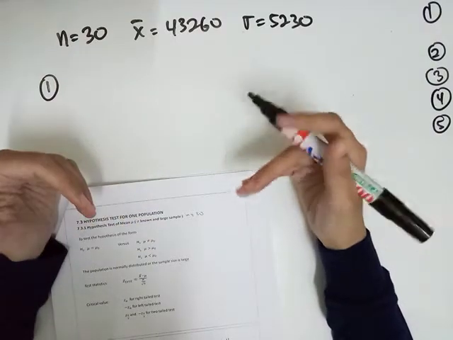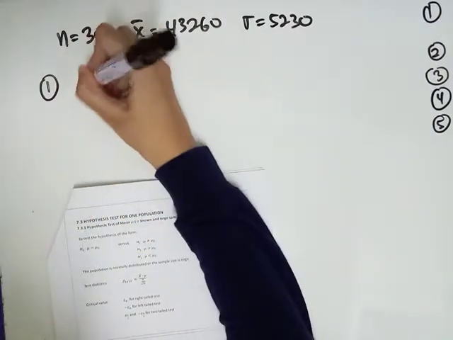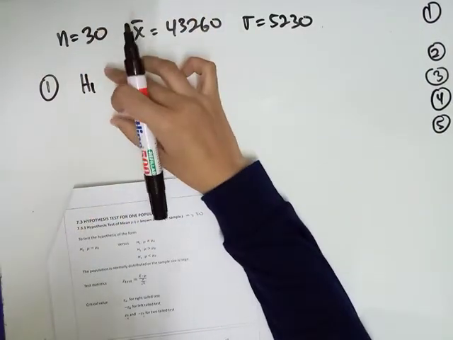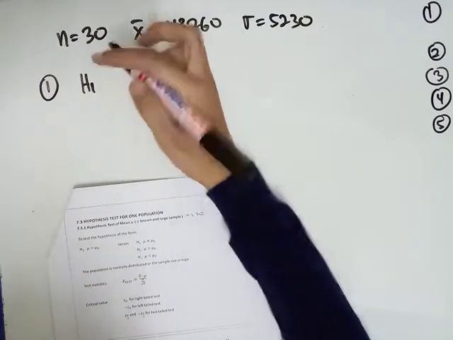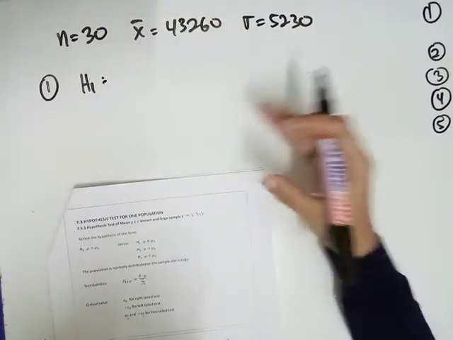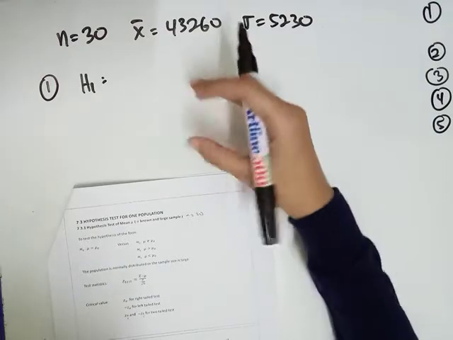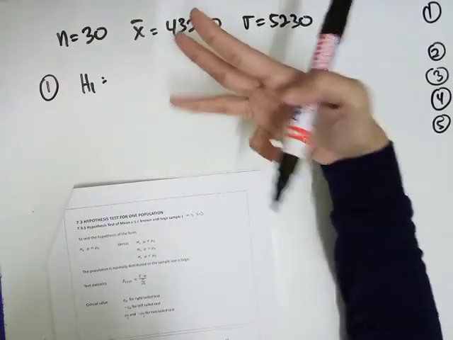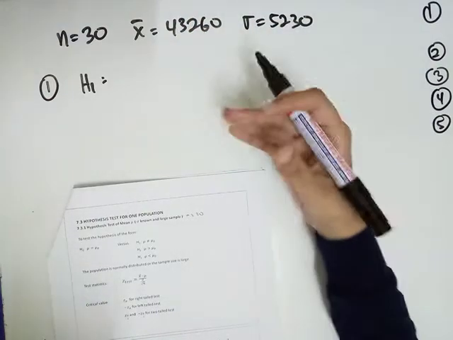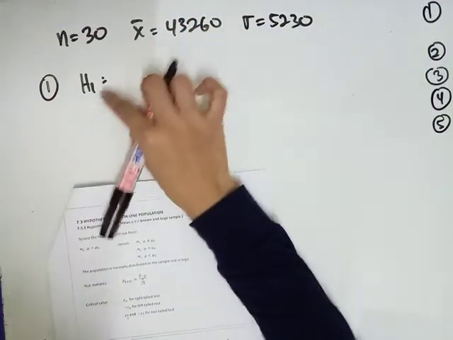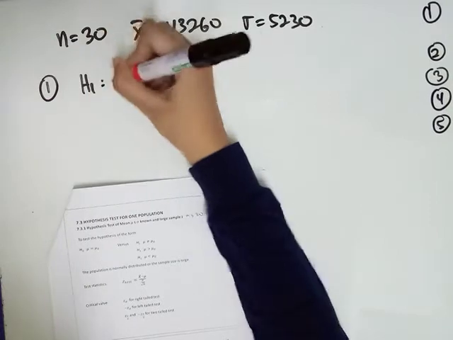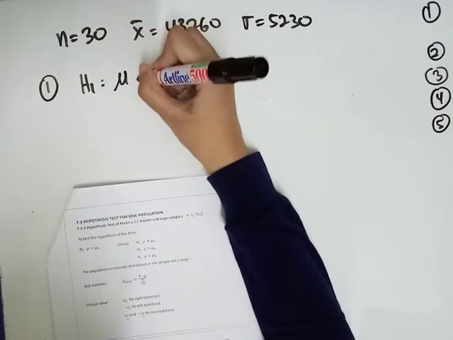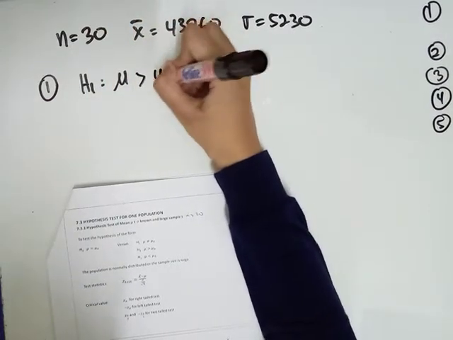That means we need to test H1, the claim H1, because more than is included in H1. H1 has 3 parts: not equal, more than and less than. So when it gives the hint more than 42,000, we need to test H1 where the mean is more than 42,000.